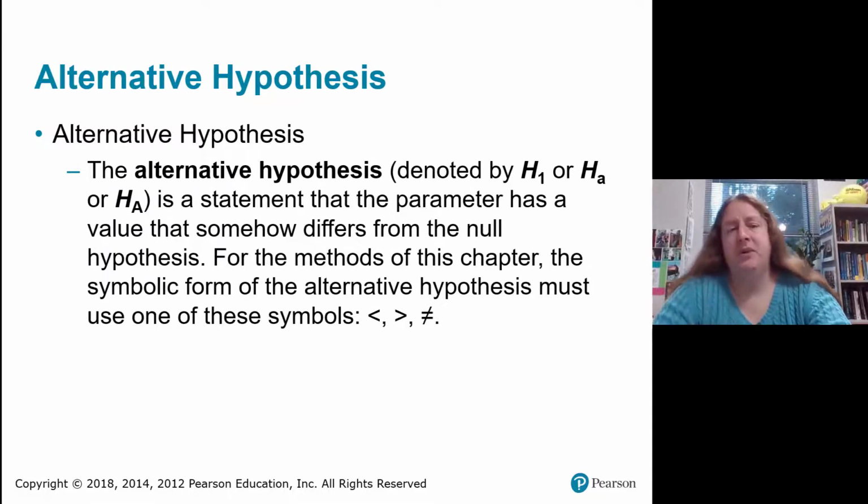Our alternative hypothesis, which we write as an H with a subscript 1, or maybe an A, capital or lowercase, is a statement that the parameter has a value that is somehow different than the null hypothesis. We could be looking for less than, greater than, or not equal to.